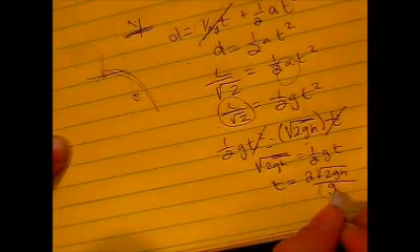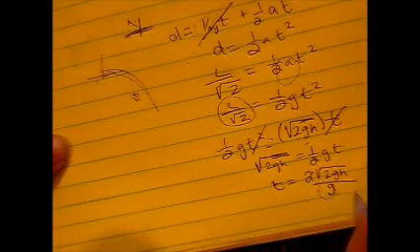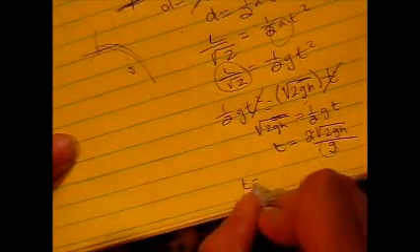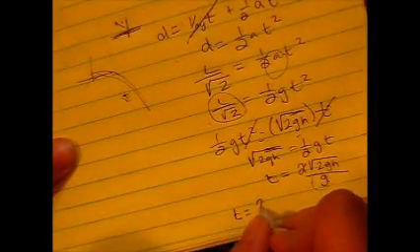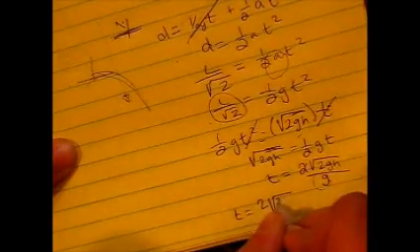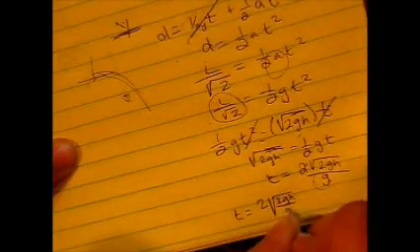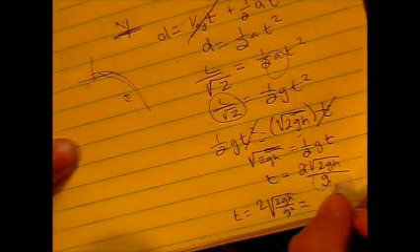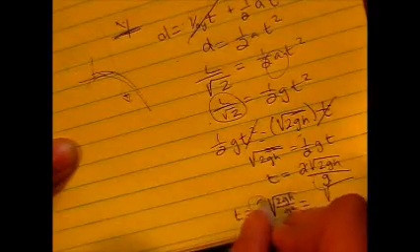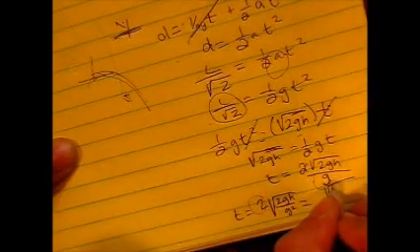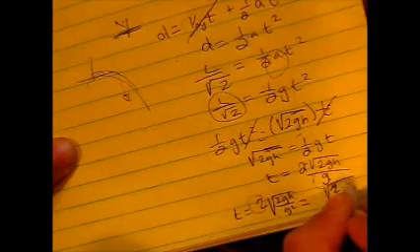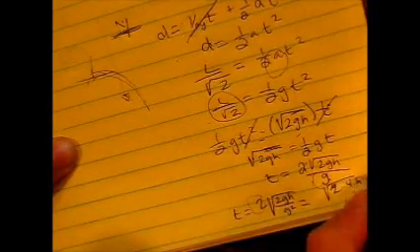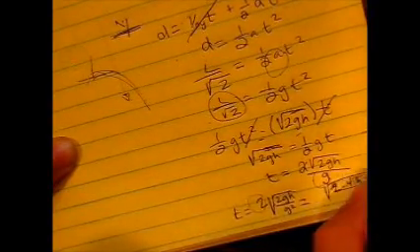We can bring this g into the radical by squaring it. So t equals the square root of 2gh over g squared. And we're going to bring this 2 back into the radical, and we have 2 times 4 times h times g all over g squared.